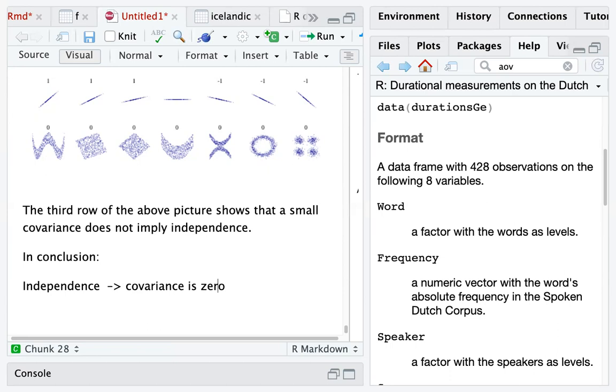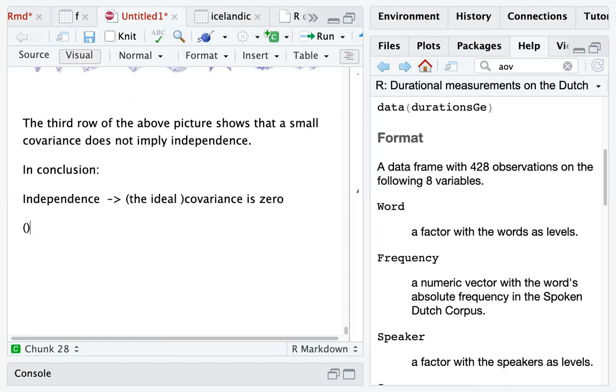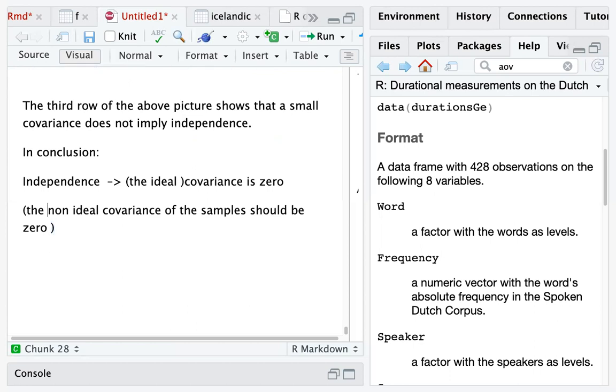But this is the ideal covariance, not the covariance of the samples, which should be close to zero. That is another topic that we will discuss now. While the converse is not true.